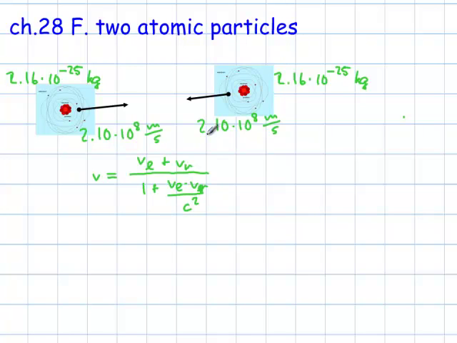Now technically, one of these, presumably this one here as it's moving to the left, should actually be a negative. But if we plug that in as a negative, we simply come up with 0. The velocity between the two is 0, and that can't be right.